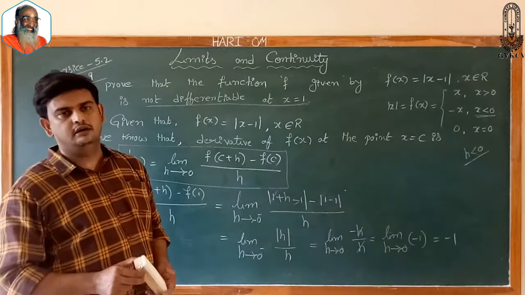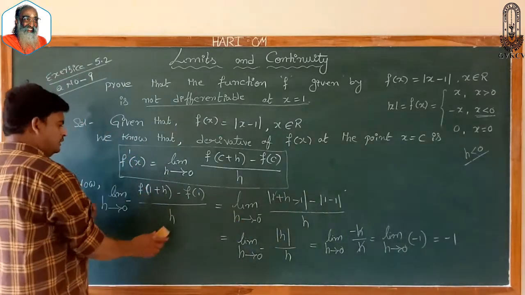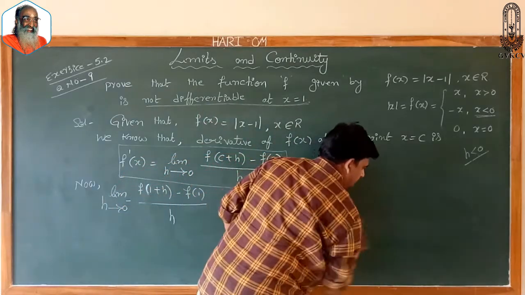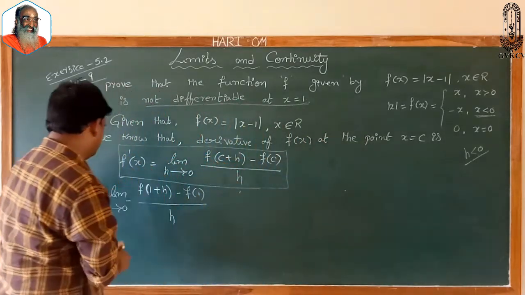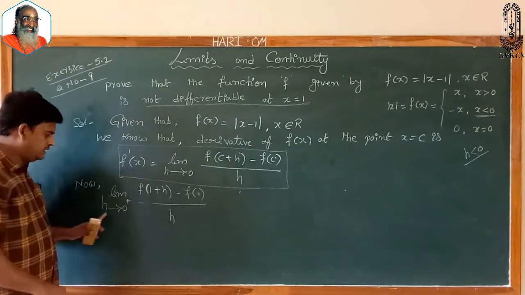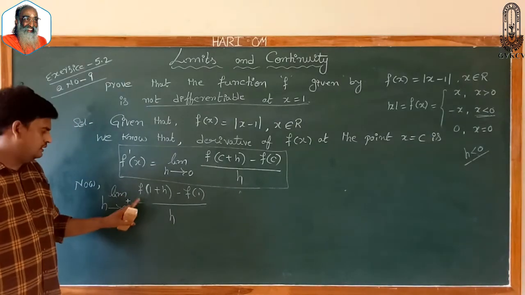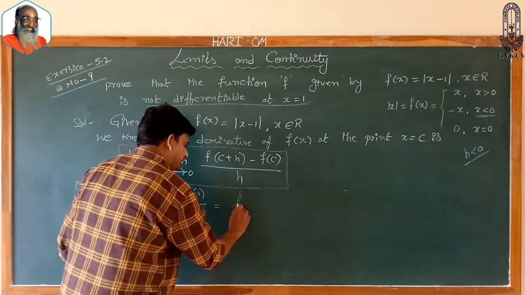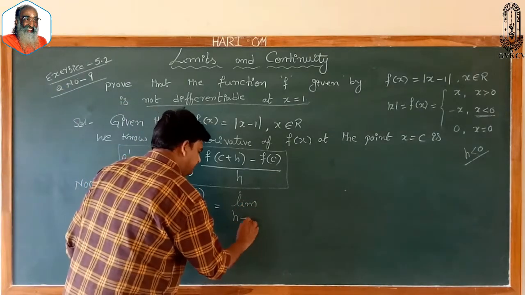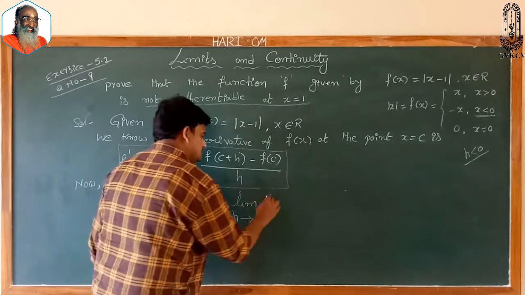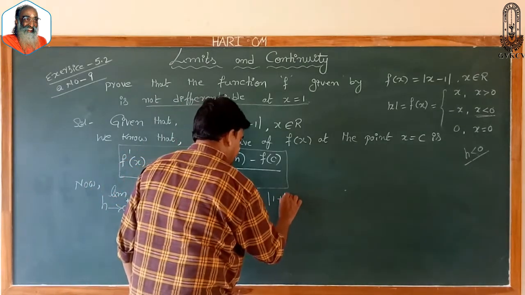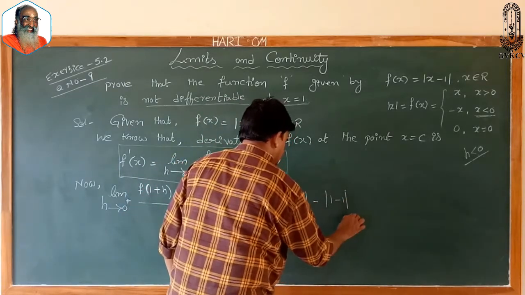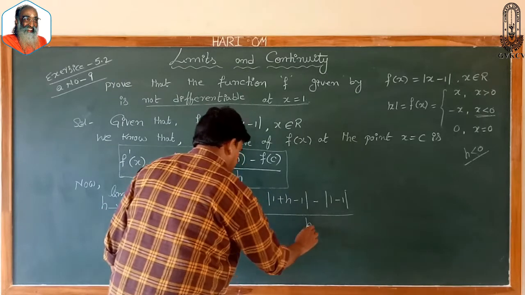Now let us find the right hand limit. Let us find it for the right hand limit. So limit h tends to 0 plus of f of 1 plus h minus f of 1, by h, is equal to limit h tends to 0 plus of modulus of 1 plus h minus 1, minus modulus of 1 minus 1, by h.